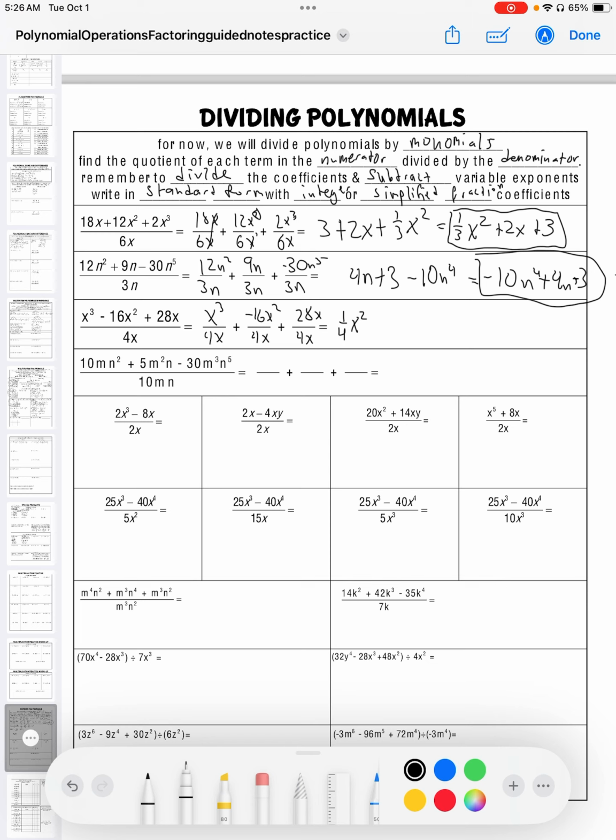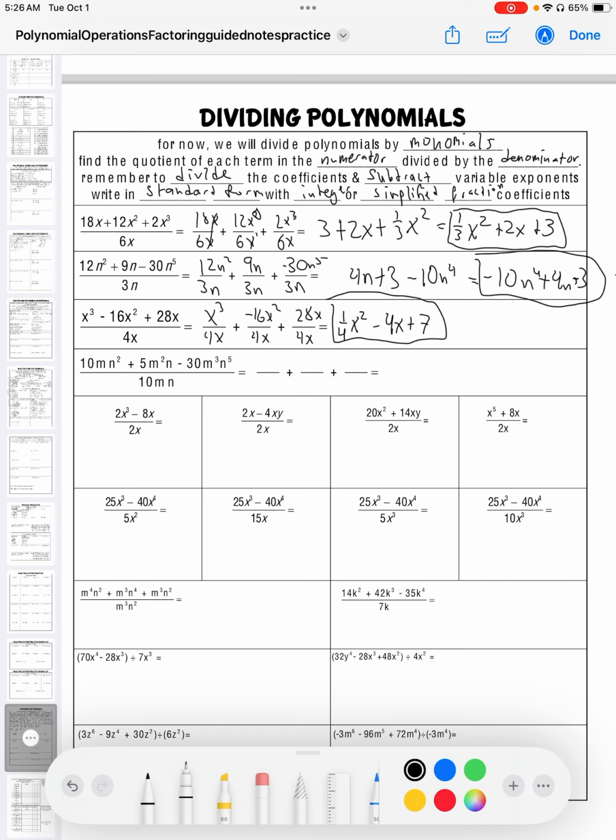Negative 16x squared divided by 4x would give me negative 4x. And 28x divided by 4x would give me plus 7. And this one is already in order. X squared, then x, then the one that doesn't have x.